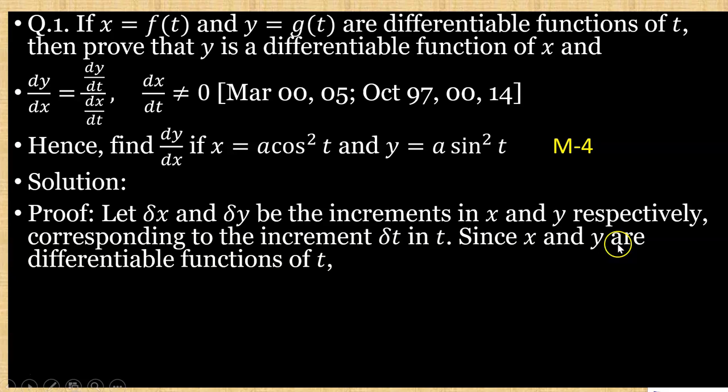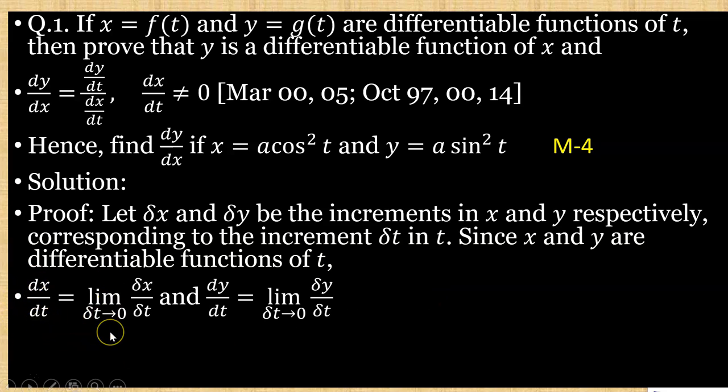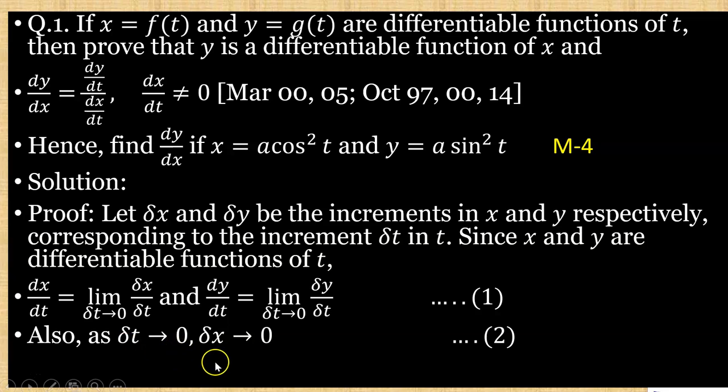And since x and y are differentiable functions of t, dx by dt is equal to limit delta t tends to 0 of delta x upon delta t, and dy by dt is equal to limit delta t tends to 0 of delta y upon delta t, and this is equation number 1. म्हणजे इथे आपण डिफाइन करतो लिमिट्स त्यासाठीचा. Also as delta t tends to 0, delta x also tends to 0. This is 2.